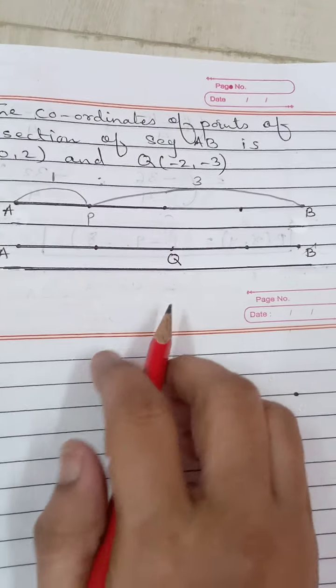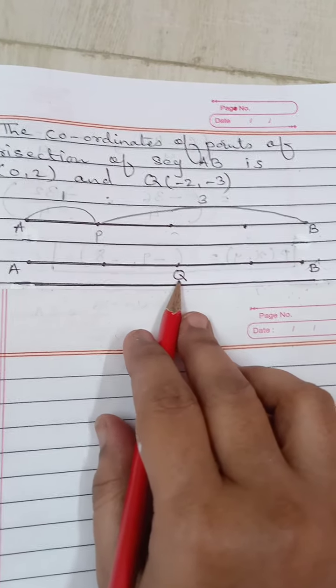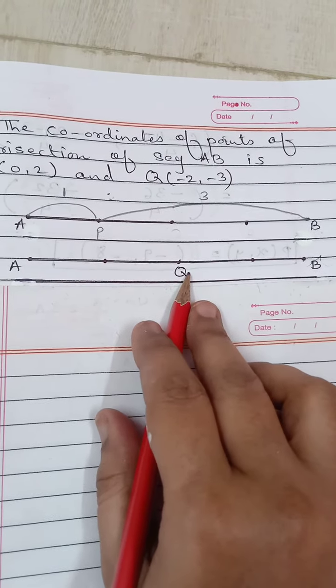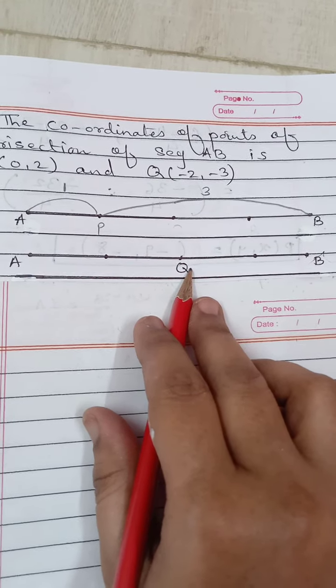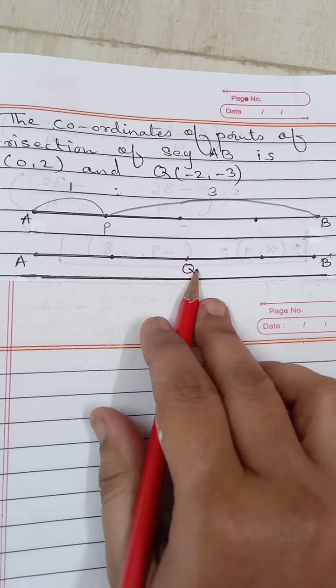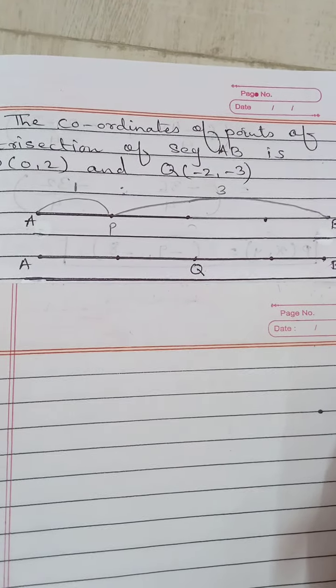Now we will find the ratio for point Q. If you see exactly, Q is in the middle. So if you want you can use the midpoint formula also. But in the same question I am not using a different formula, as it would be very confusing. So I will do the same question with the same formula, that is the section formula only.